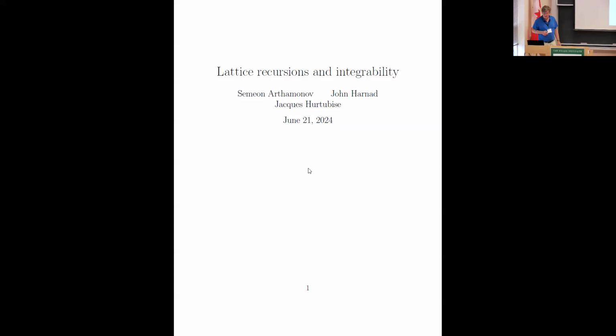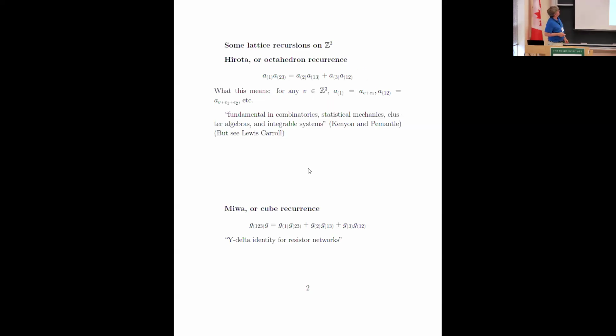So let's see if this works. Okay, so there are some lattice recursions, and the ones I'm talking about are on Z3. The first one is this Hirota recurrence. I'll explain what these symbols mean, but basically, they seem to occur in all sorts of fun places.